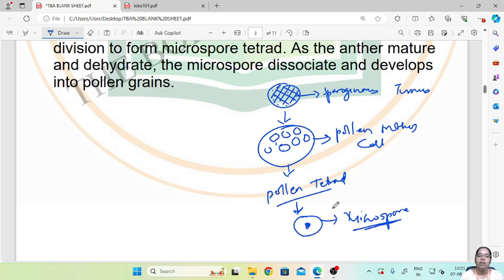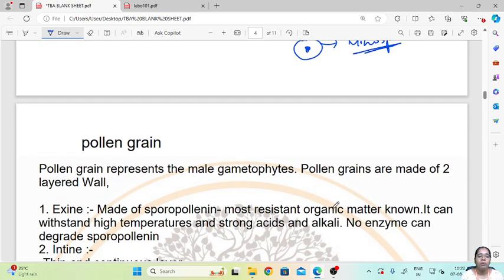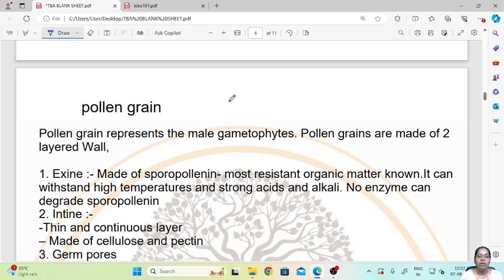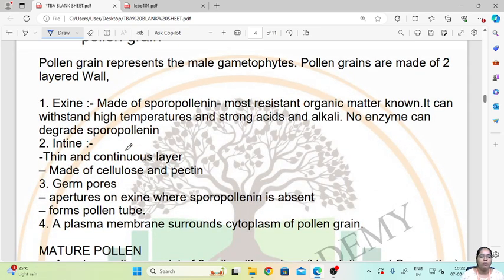This is called gametogenesis, wherein the pollen grain is formed from the microspore, which is formed from the microsporogenesis process. So this pollen grain represents the male gametophyte, that is the male gamete. Pollen grains are made up of a two-layered wall. Okay, so pollen grain consists of various parts. So we will draw the structure of pollen grain now.